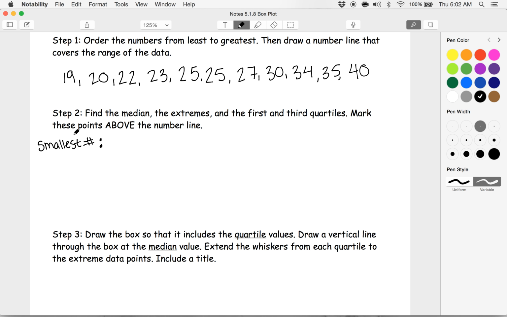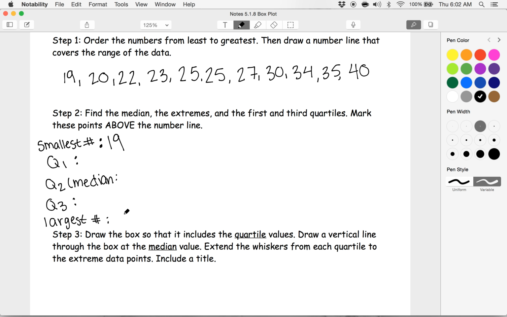Which one looks like your smallest? Well, that's going to be 19. Next, I'm going to need quartile 1, quartile 2, which is my median, quartile 3, then I'm also going to need my largest number. So this is what's coming next.